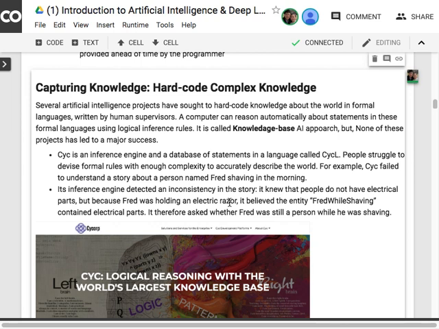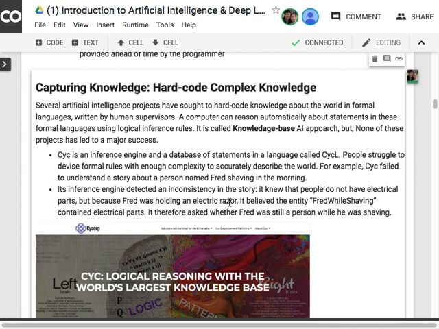So people put formal rules into the computer's knowledge, but it was not good in practice. A very popular failure case is that it was not able to understand a story about a person named Fred shaving in the morning. This is a very simple concept, right? But the inference engine failed to understand it. Why?